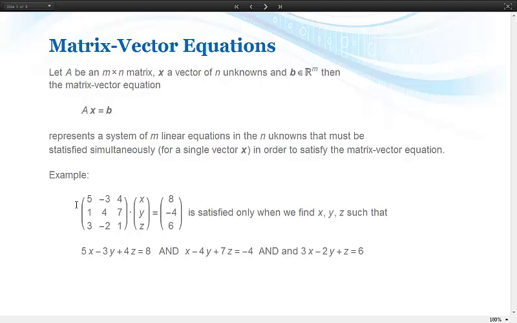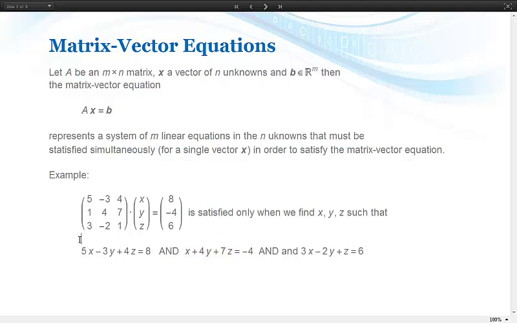For example, if I have this matrix vector equation, that means that 5 times x minus 3 times y plus 4 times z must equal 8. That's because the result here is a vector, and two vectors are equal only when their corresponding elements are equal. The second dot product gives me the equation 1 times x plus 4 times y plus 7 times z must be negative 4.